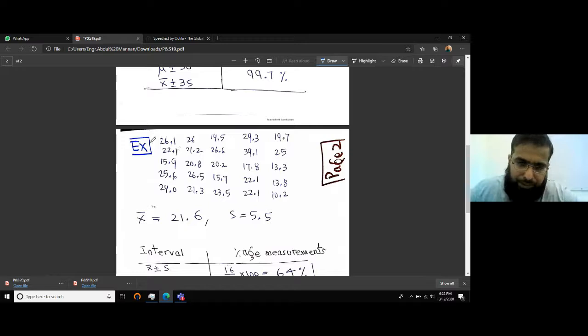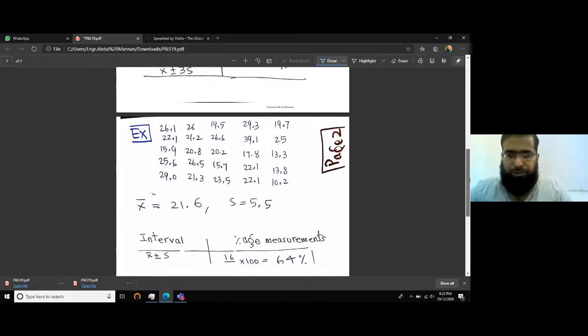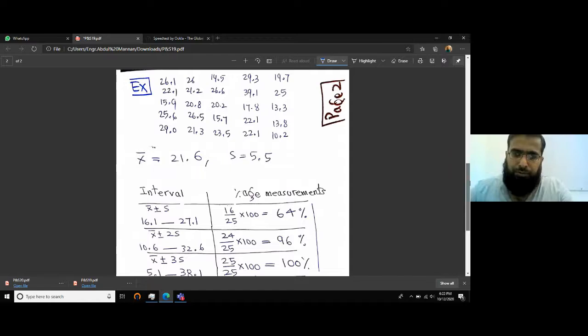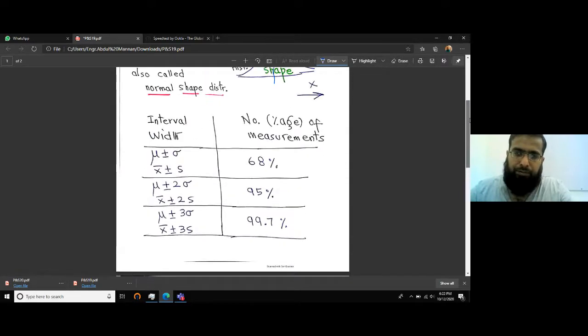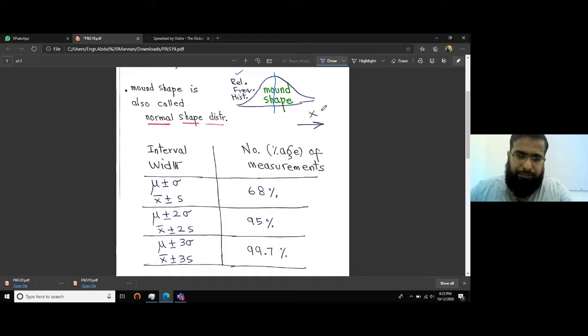Anyway, this is an example of a sample containing 25 measurements whose mean is 21.6. The standard deviation is 5.5. What we're going to do is verify the claims that we have made for using this empirical rule for this bell-shaped data.